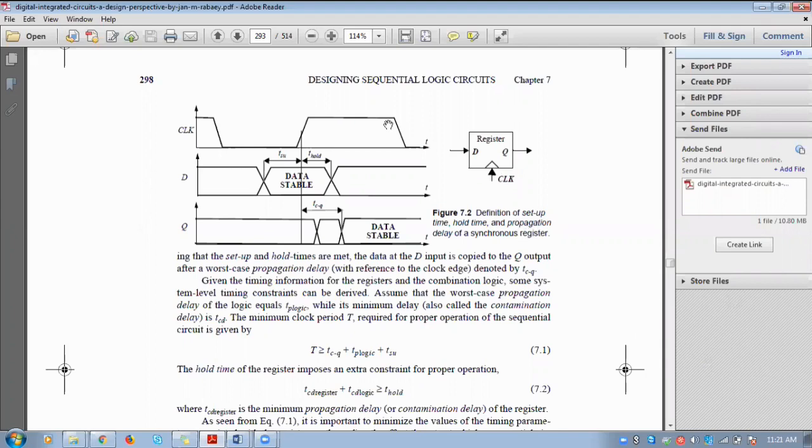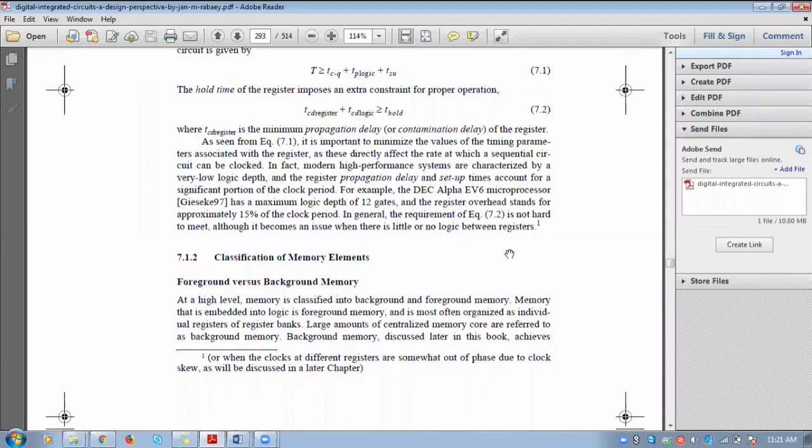In some textbooks, instead of 90 to 10 and 10 to 90, they may specify 20 percent to 80 percent and 80 percent to 20 percent. The explanation depends on the textbook as well as the author and the application.